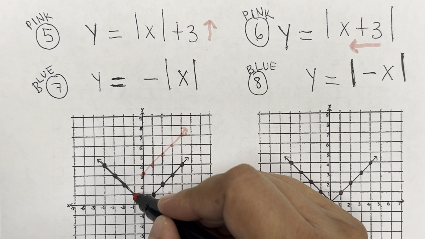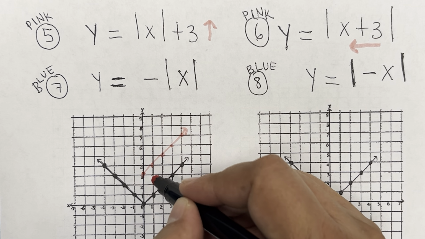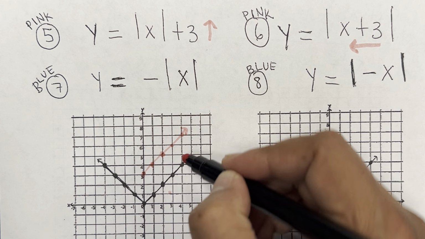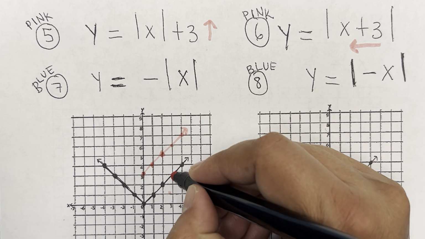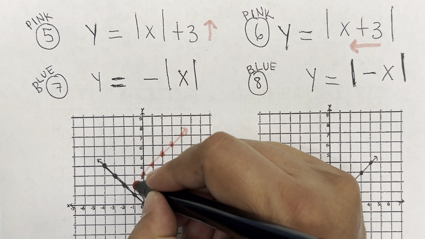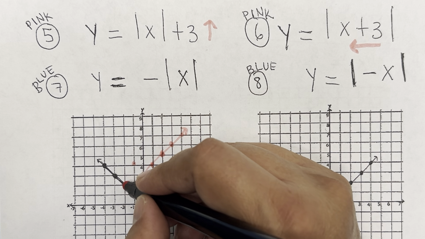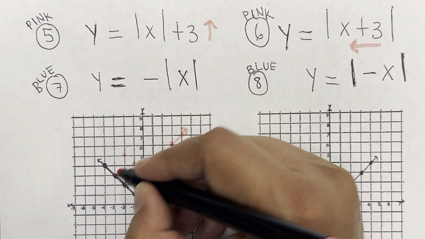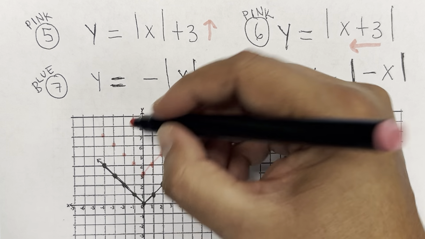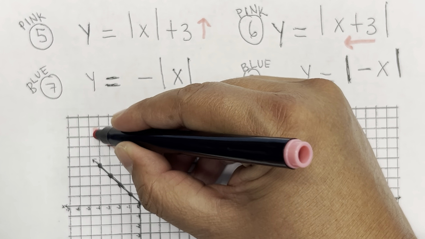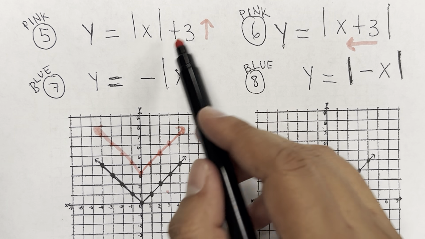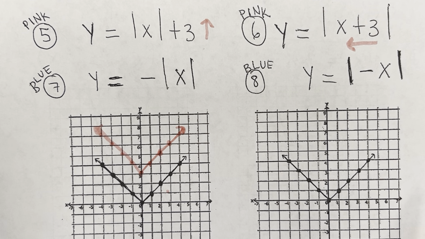Or you can just count for each point, 1, 2, 3, and draw the new point, and so on. Same here, 1, 2, 3, draw it, and just draw the lines. So that's going to be my new graph if we have this translation.